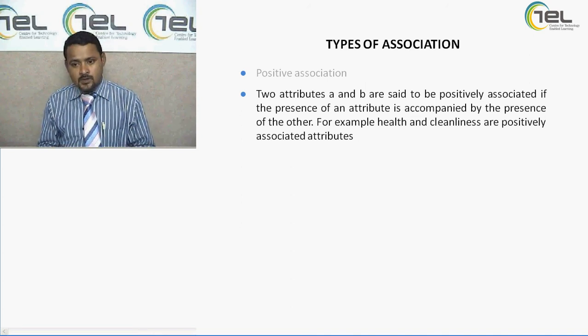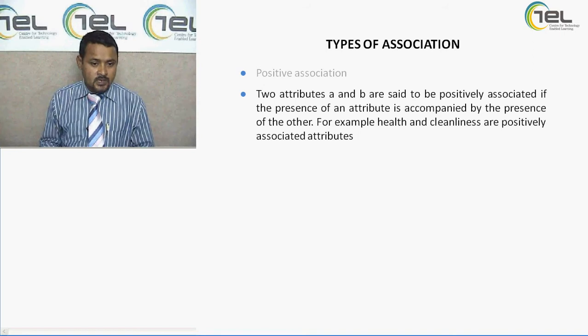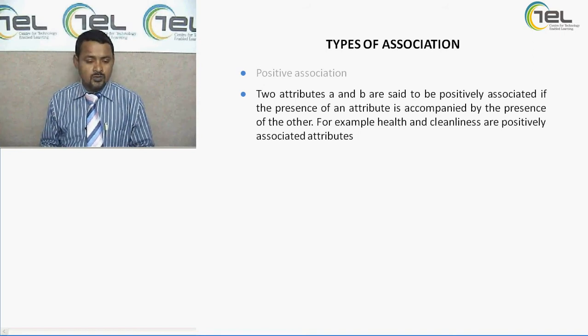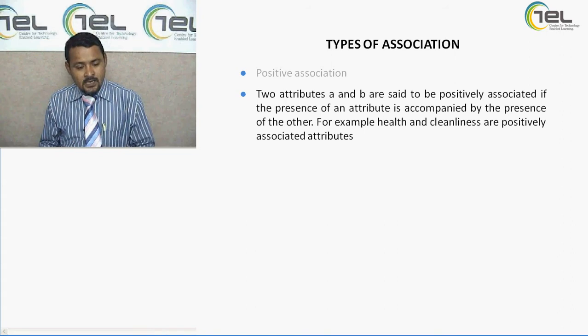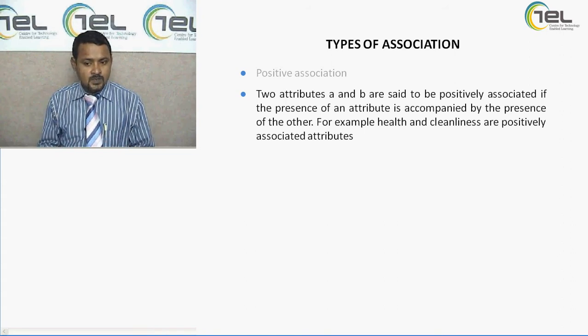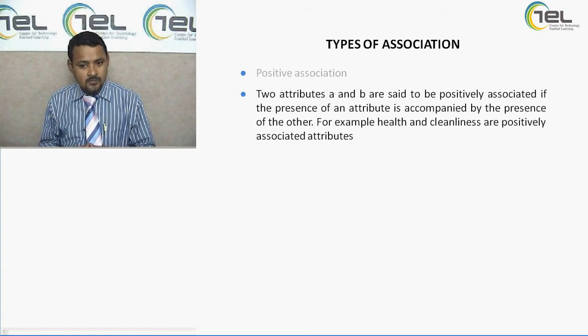It is commonly believed that if a person is clean, a person is keeping track of his requirement of health, his clothes, his medicine, his foods, he's not consuming junk foods, he's not consuming foods which are not suited to his requirements. The balanced diet, overall cleanliness in the house will keep his health in a better condition. So these attributes are particularly related to each other in a positive manner.